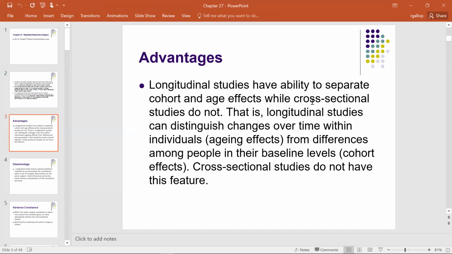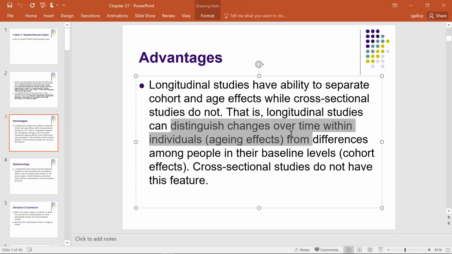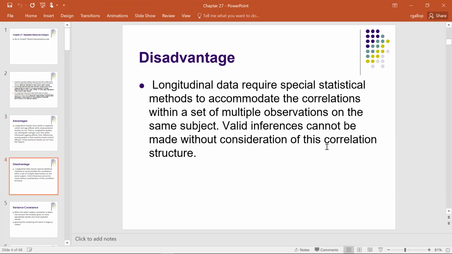Month 6, we're cutting the data at month 6. But the big, big thing of longitudinal studies, it can allow us to look at the effect over time. Sometimes this could be called an aging effect, right? Again, cross-sectional data won't be able to give you that change over time feel.